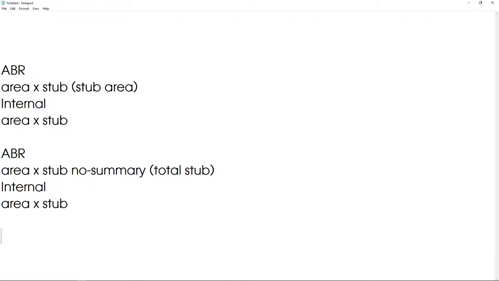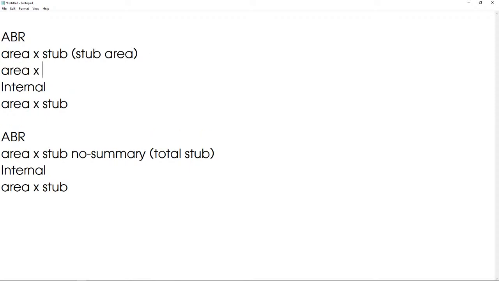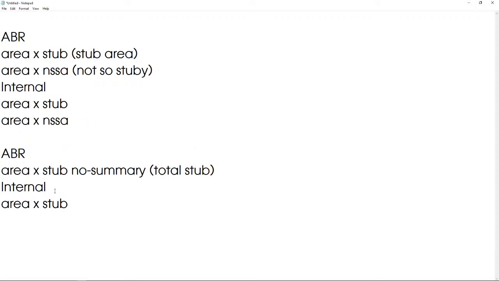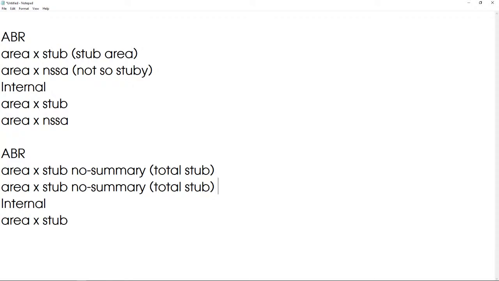All right. Now, if it was going to be an NSSA, area X NSSA, so that's not so stubby, meaning that you're allowed to have an ASBR in that area. And it would be the same on the internal routers. And then for a totally stubby NSSA, so basically you're just replacing the word stub with NSSA.